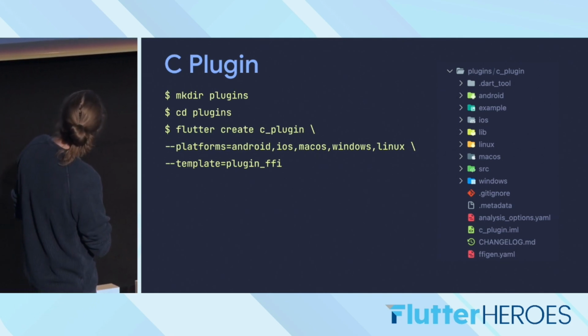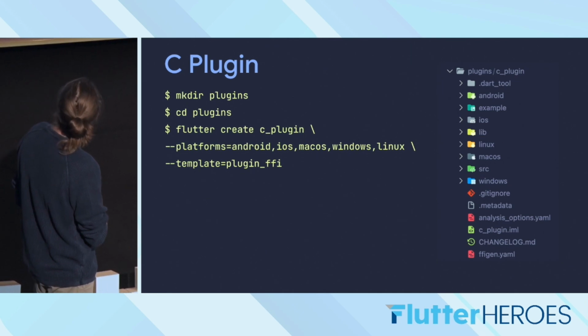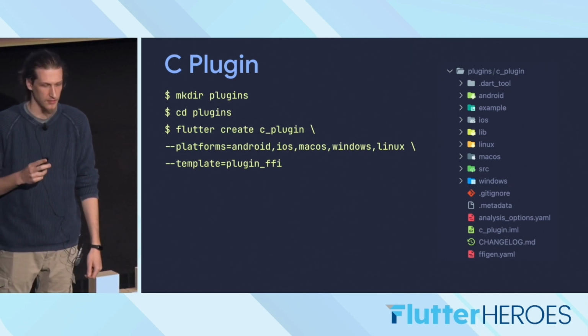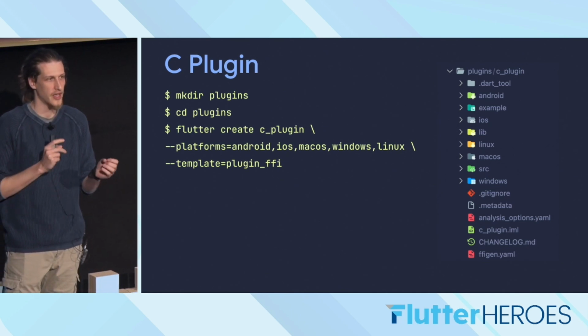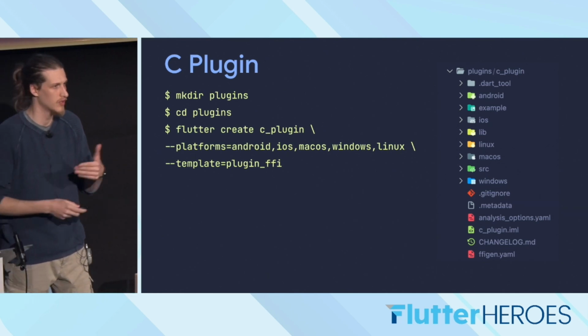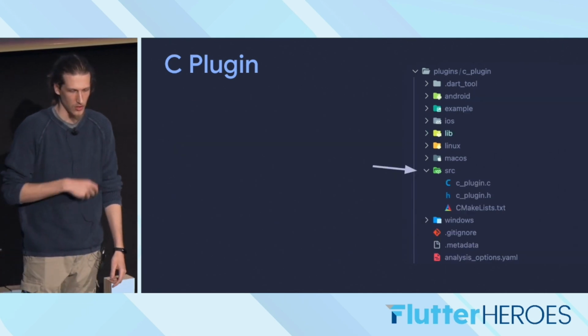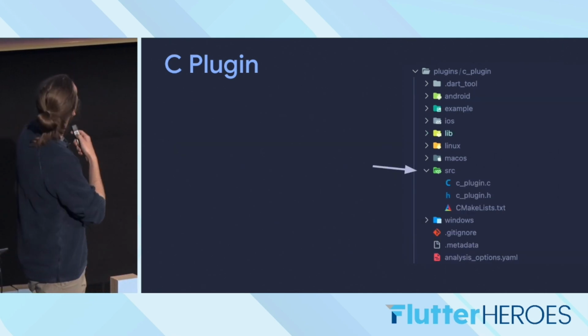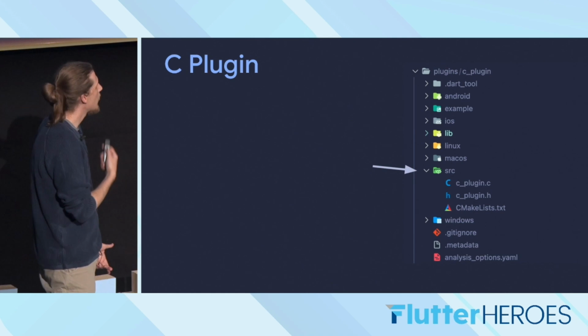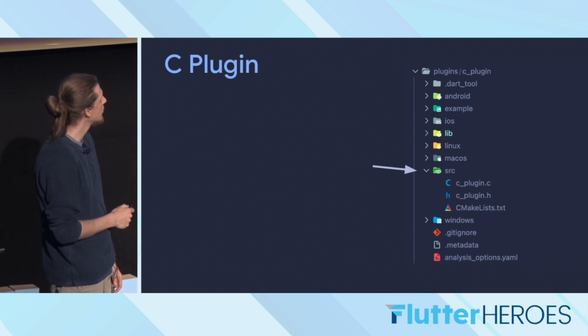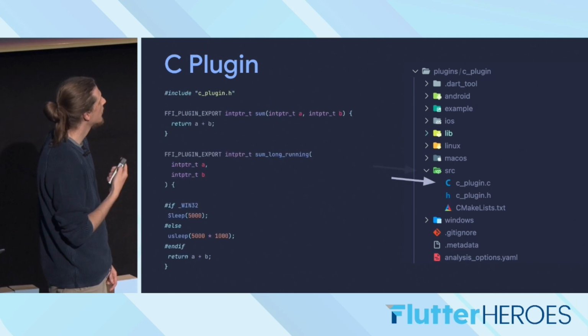That one is available through the Flutter CLI and generates for you example code for C and all the files that you need to then build your code. So what we get from running that command? We have a source folder which has a C file inside.